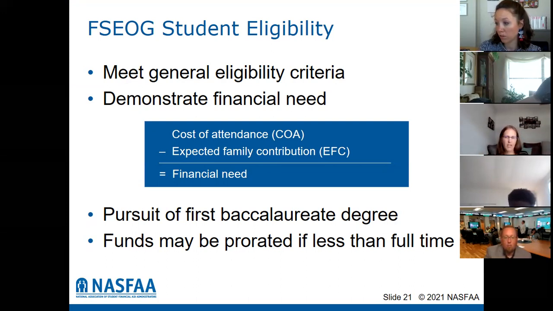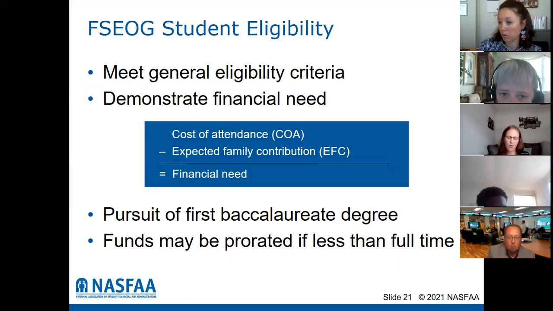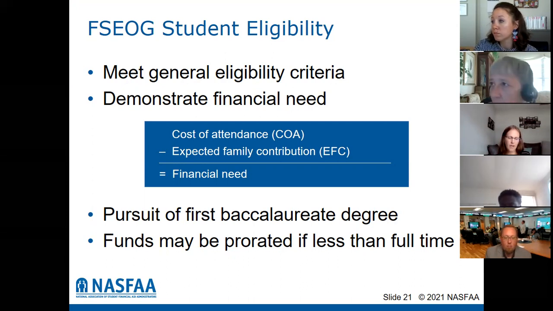Sign a statement of educational purpose certifying Title IV aid will only be used to pay for educational purposes. No previous default on Title IV loans or owing a Title IV grant or loan overpayment. No borrowing in excess of annual or aggregate Title IV limits. No property subject to judgment lien. Repayment of fraudulently obtained Title IV funds. No disqualifying drug convictions. And maintain satisfactory academic progress. So I just want to get those back in your head again.